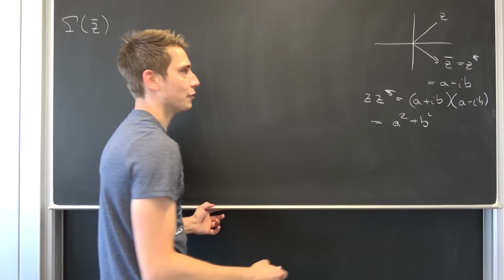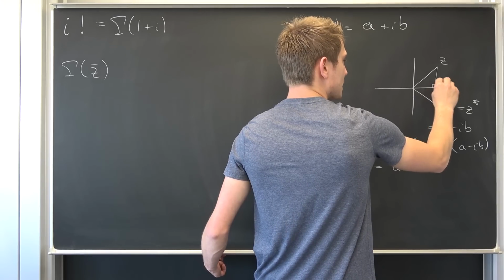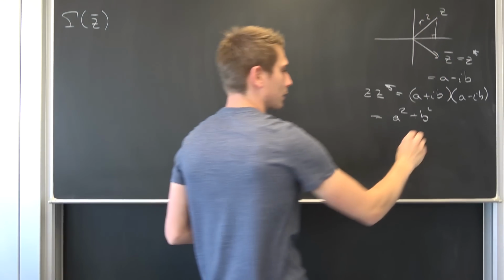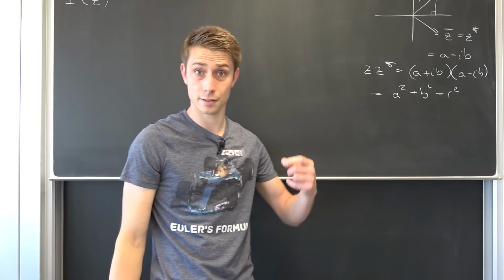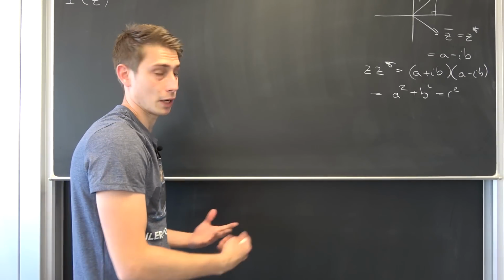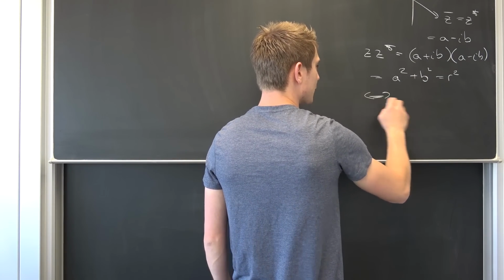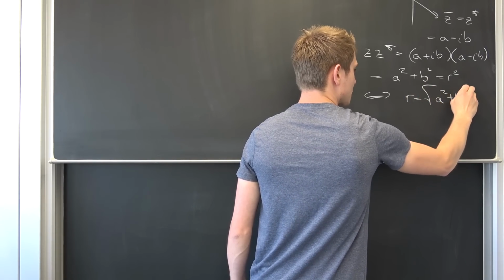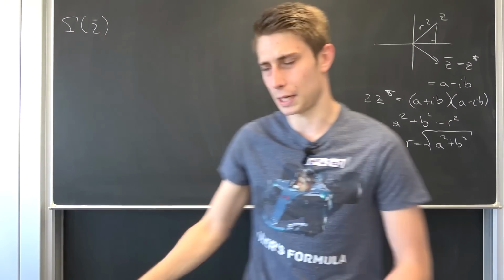This, by Papa Pythagoras, if you construct yourself a right triangle into here, is nothing but the length of this vector in the complex plane squared, okay? That's an important definition, and since it's a length in the Euclidean plane, you could say, in the Euclidean geometry, we can equivalently rewrite this as r being nothing but the square root of a squared plus b squared. Okay, simple, really simple complex analysis right here.